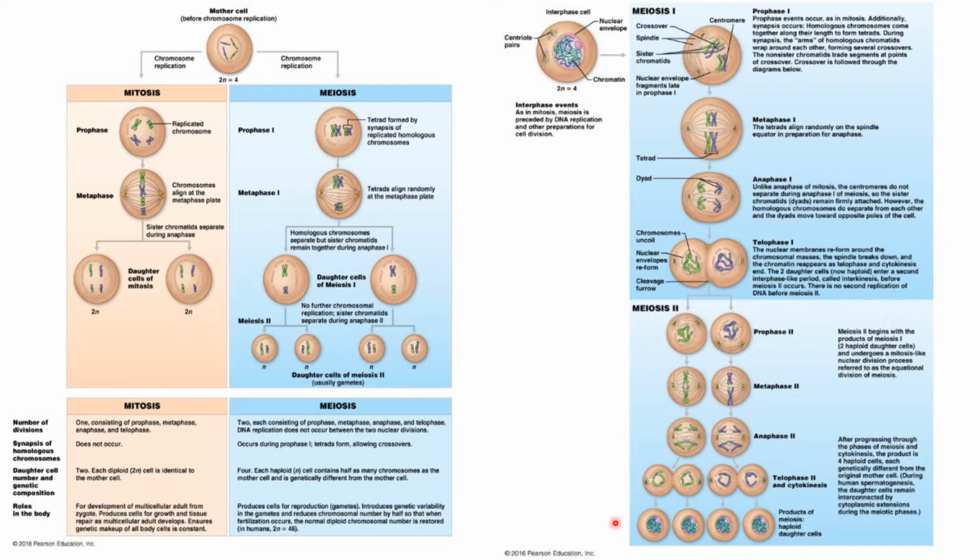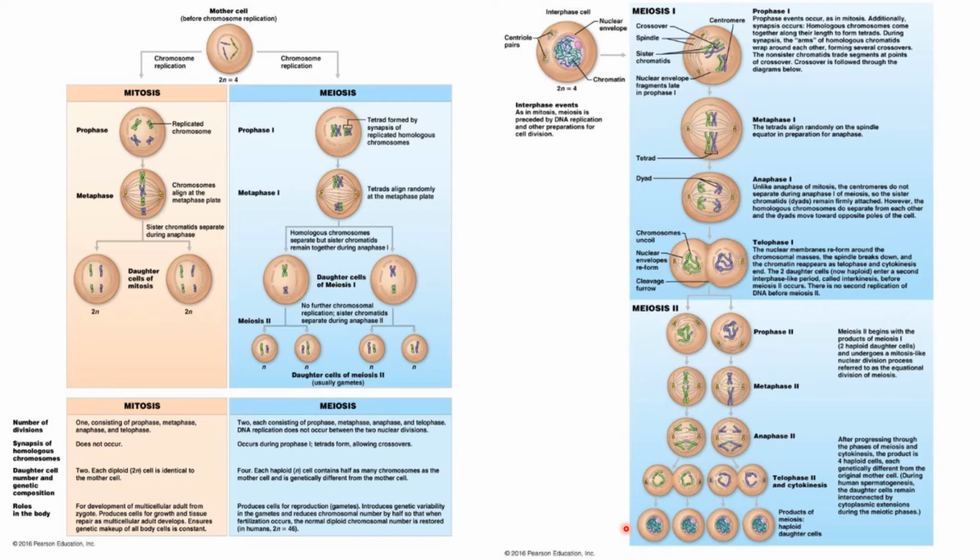When we are going to make our gametes, which are our eggs and sperm, we go through meiosis. We actually go through both mitosis and meiosis, but meiosis is going to be pretty important because meiosis is going to result in haploid cells.